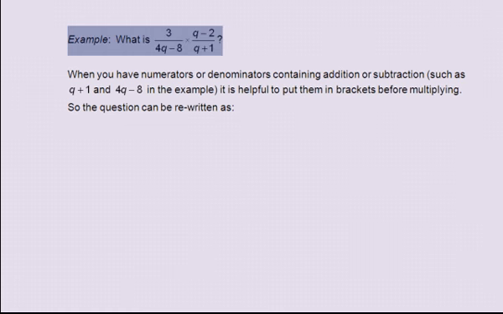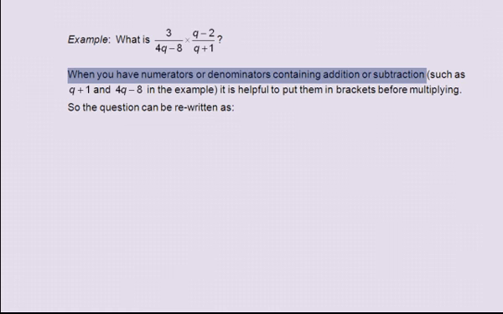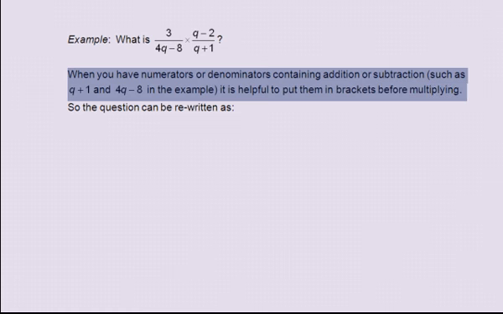Let's look at another example. What is 3 divided by 4q minus 8 multiplied by q minus 2 divided by q plus 1? When you have numerators or denominators containing addition or subtraction, such as q plus 1 and 4q minus 8 in the example, it is helpful to put them in brackets before multiplying.